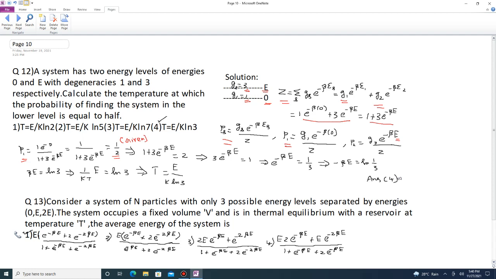So you simplify this expression: 1 plus 3 e power minus beta E is equal to 2. So 3 e power minus beta E is equal to 1, or e power minus beta E is equal to 1 by 3. You take log on both sides, so beta E is equal to logarithm of 3.